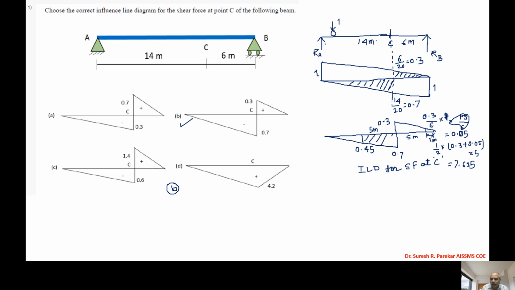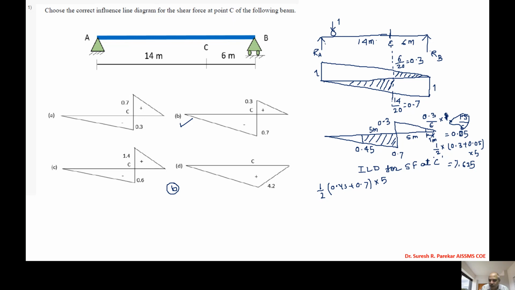So you can see the ordinate we have is larger than this, and therefore we will get this as 1/2 into 0.45 plus 0.7 into 5. So this is actually 0.35 into 5 divided by 2.